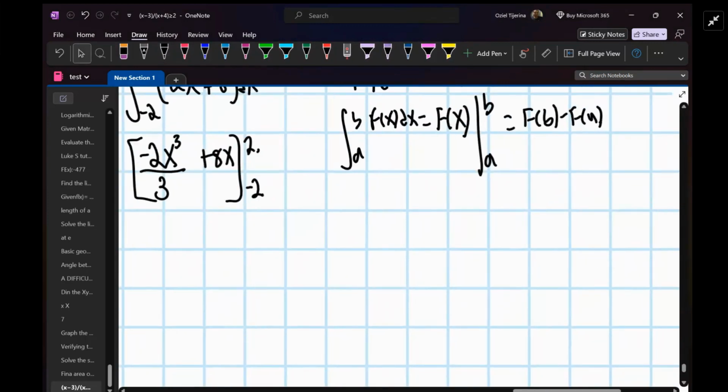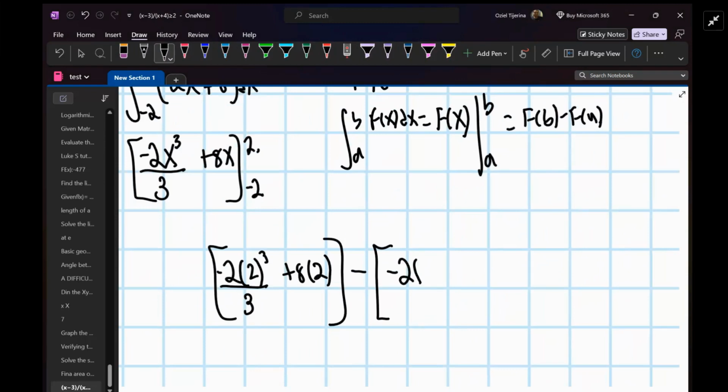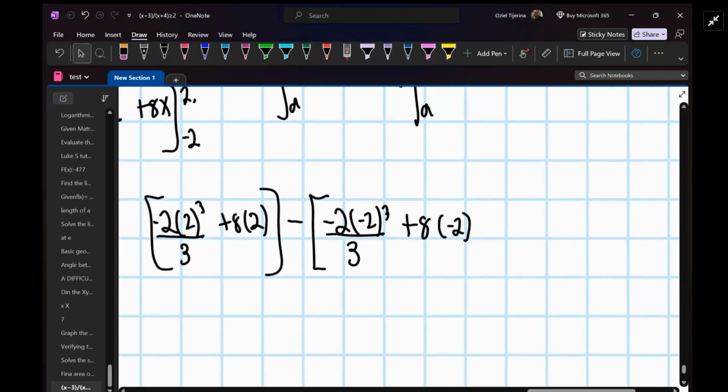So now let's go ahead and just do this. It's going to be negative 2 times 2 cubed over 3 plus 8 times 2, and then minus the quantity negative 2 times negative 2 cubed over 3 plus 8 times negative 2.